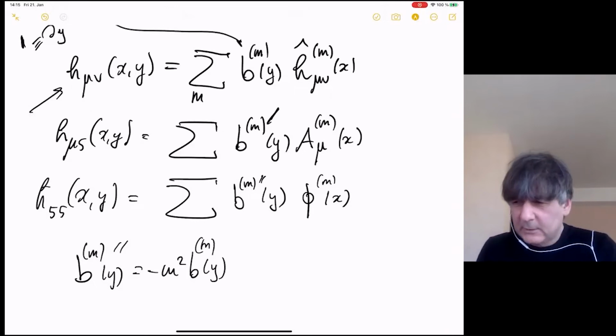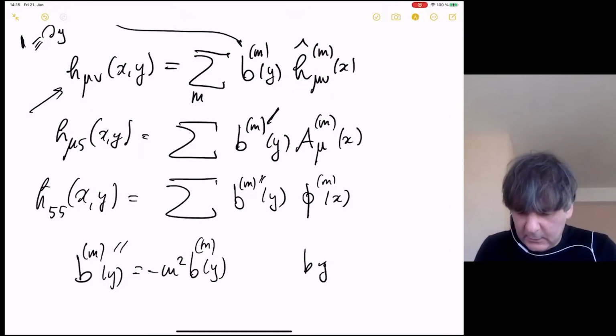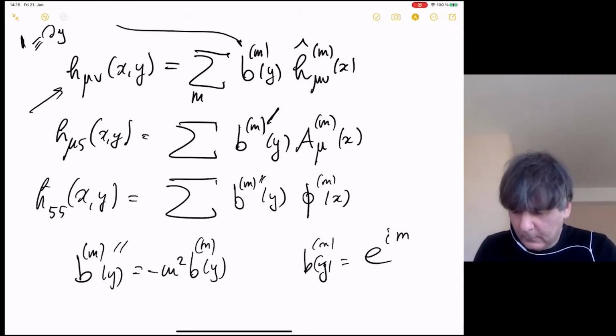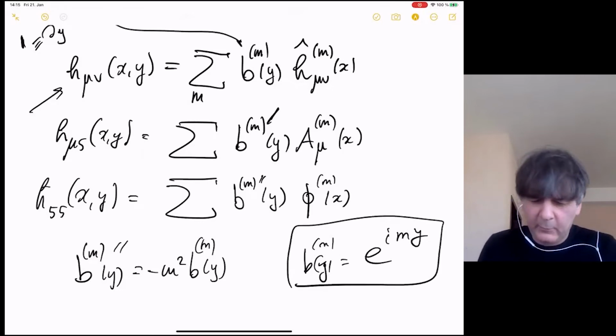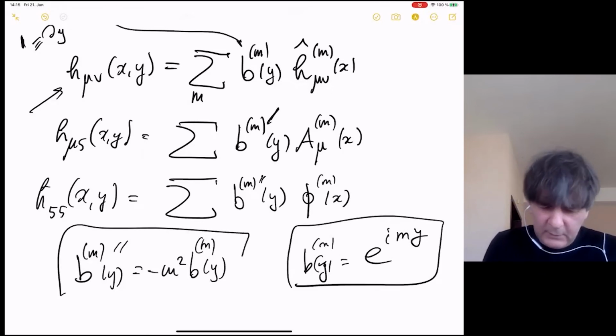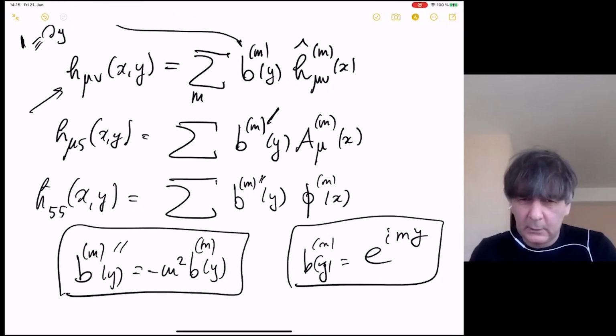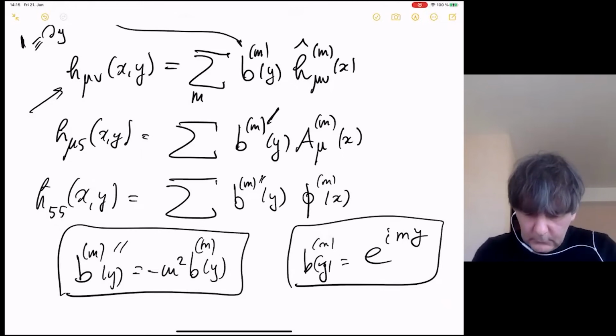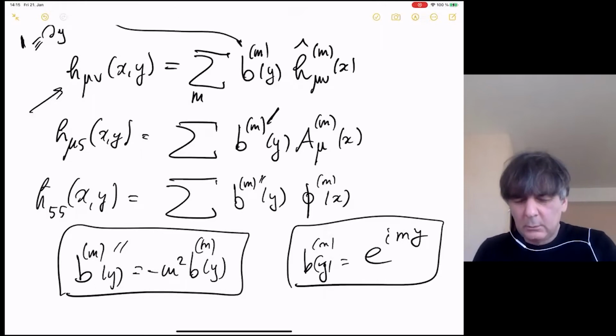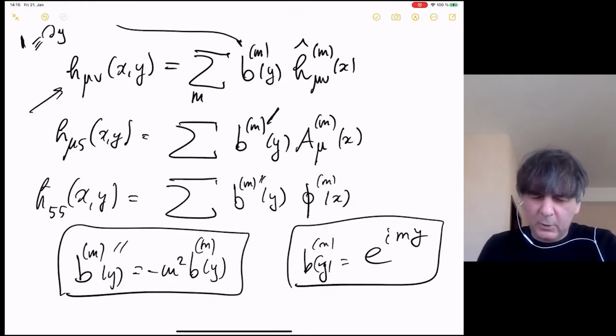As I said, on flat space compactification these are simply plane waves. You can take them to be plane waves, but we can keep them general. Once we have this relation and they are orthogonal to each other, this is sufficient. This is a completely standard separation of variables and dimensional reduction. So what you need to do, of course, I'm not going to repeat this. It's a straightforward thing. You can do it.